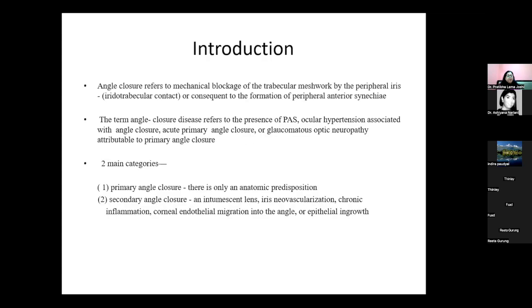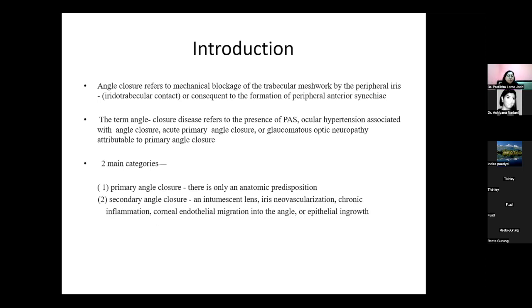Now, my second topic is primary angle closure glaucoma. Primary angle closure refers to the mechanical blockage of the trabecular meshwork by the peripheral iris, that is iridotrabecular contact, or due to the formation of peripheral anterior synechiae.